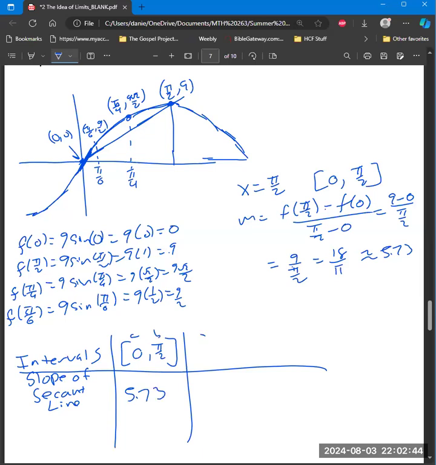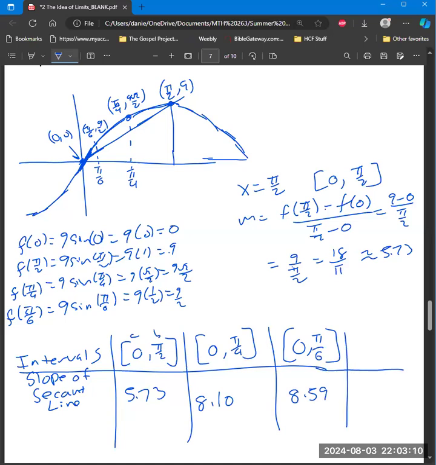Let's change that from 0 to pi over 4, and we'll let you calculate that here. I'm just going to tell you that you'll get about 8.10, then 0 to pi over 6 is going to be 8.59. Then I want you to stick in something ridiculously small, like 0.001, and we're going to see that this gets to 8.999.